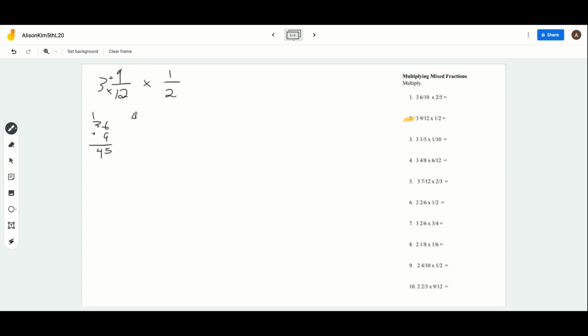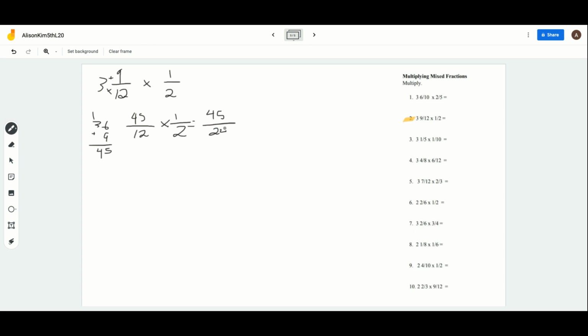So it'll be 45, but then we keep the denominator the same, over 12, times 1/2. And unlike addition or subtraction, it doesn't matter if the denominators are the same or not. You just multiply across. So 45 times 1 is 45, and 12 times 2 is 24.